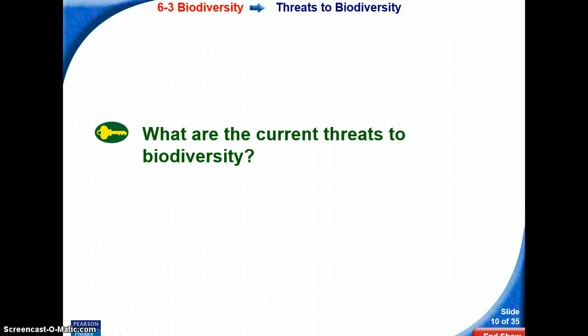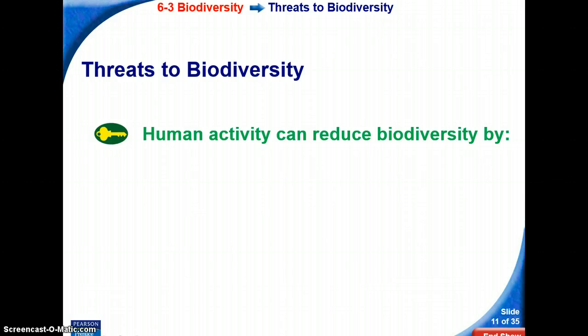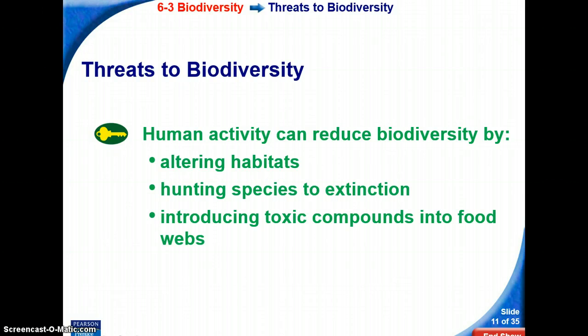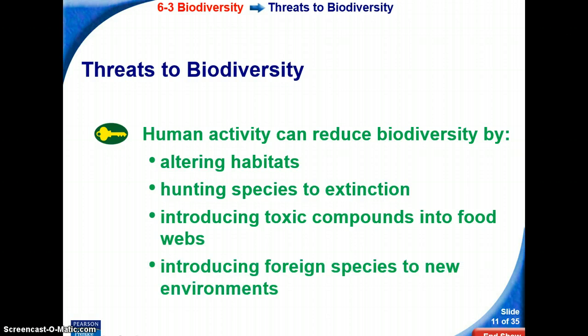So, if it's so important, what are these threats to biodiversity? What's happening? Well, human activity can reduce biodiversity by altering habitats, hunting species to extinction, introducing toxic compounds into food webs, and introducing foreign species into new environments.